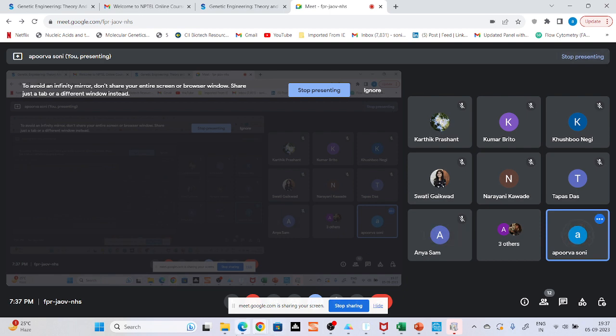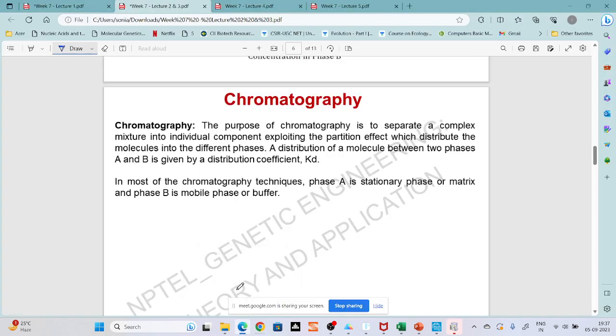Okay, fine. So now how chromatography can be exploited: here we are dealing with column chromatography. The kind of chromatography that we will be discussing here is column chromatography. You have studied in the class about ion exchange chromatography, size exclusion chromatography or gel filtration, affinity chromatography, or adsorption chromatography.